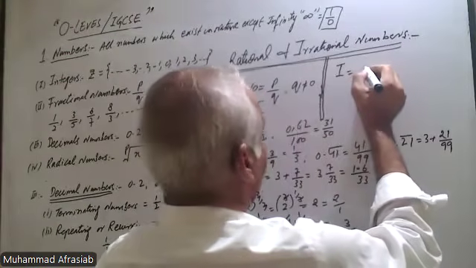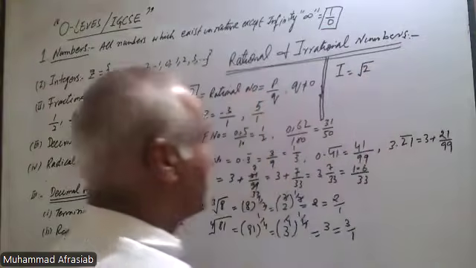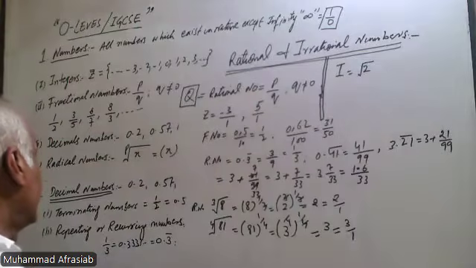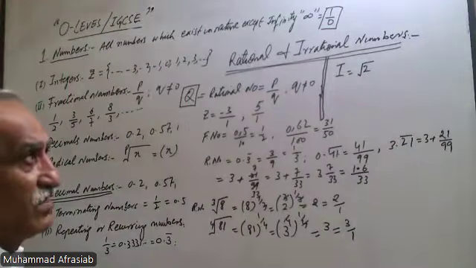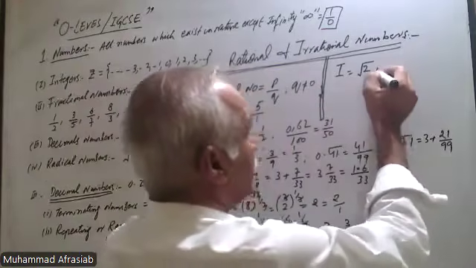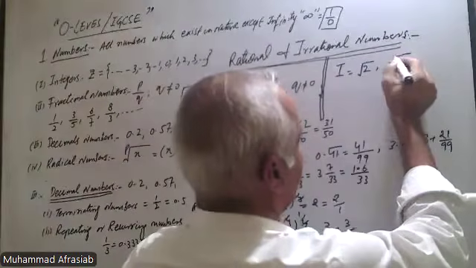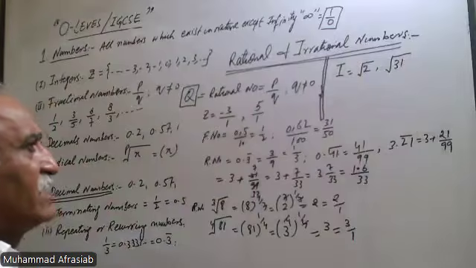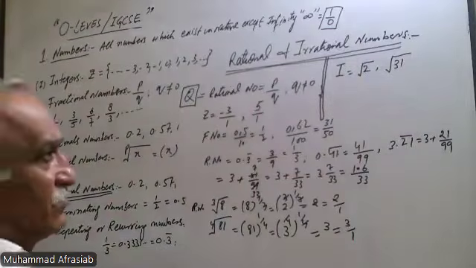The first example is the square root of 2, because it is neither terminating, nor recurring, nor in the form of a repeating fraction. So it is called an irrational number. Suppose we have the square root of 331. This is again an irrational number, which cannot be exactly evaluated, and there is no termination.